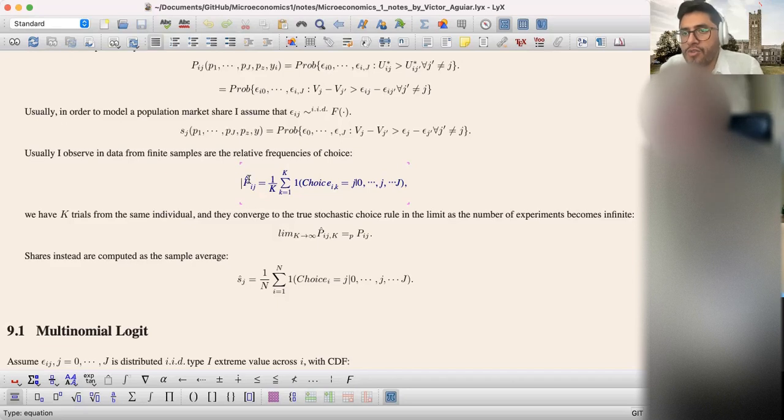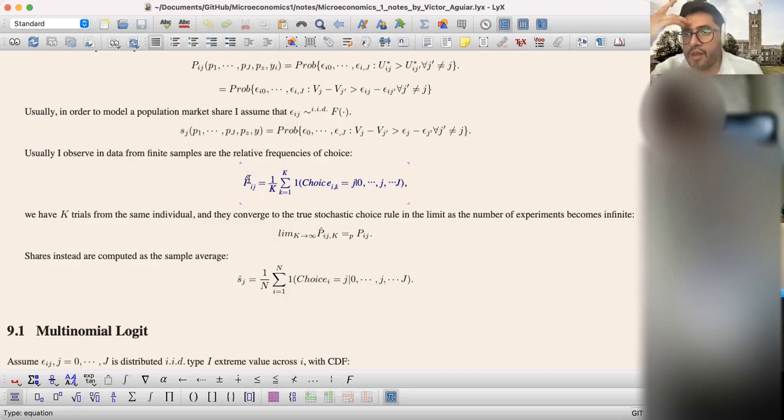Now, it would be ideal if I had an individual choosing many times, and then I could compute the probability of choice of each individual. But that's usually very hard to do, as I mentioned before. So instead, what we do is take the share of a given cross-section of people, and I just average across the number of individuals in a given population.